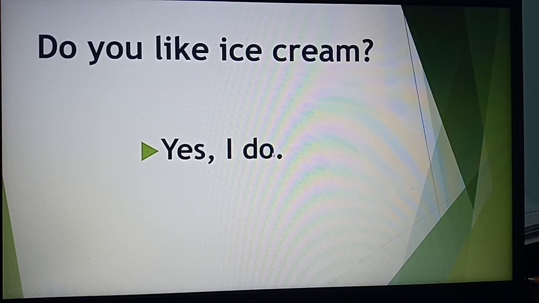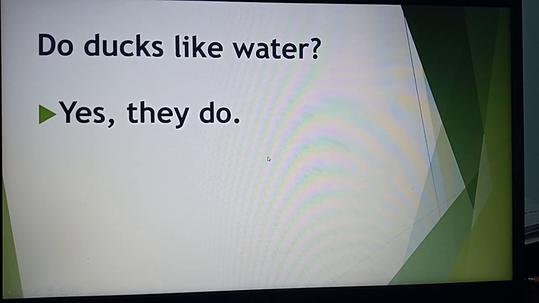Yes, I do. The pronoun is I, therefore you're going to use the verb to do, which is do. Another is, do ducks like water? Yes, they do. Okay, why did we use they? Because the verb to do is do, and the noun over here is plural.